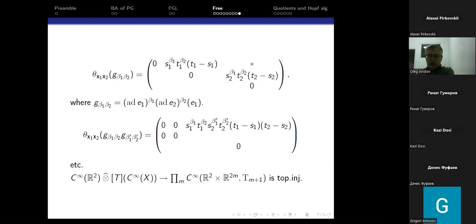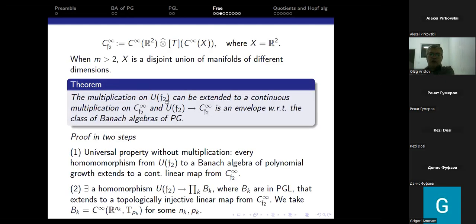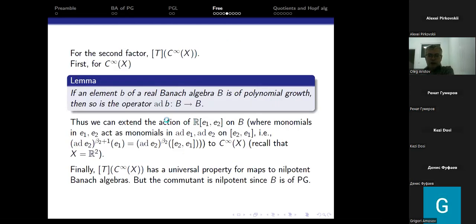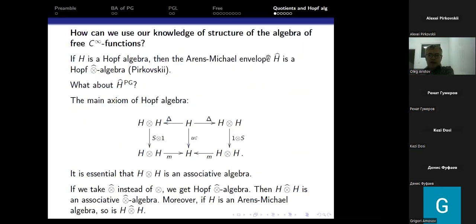So we have a description of this envelope of this algebra. I recall that U of F2 in fact is a free algebra. And how do we use this information? For example, we use it for Hopf algebras.